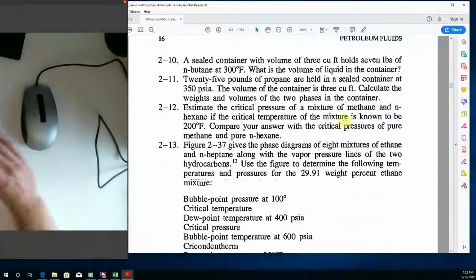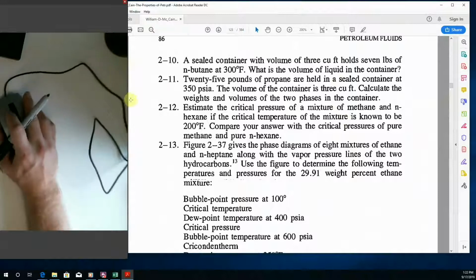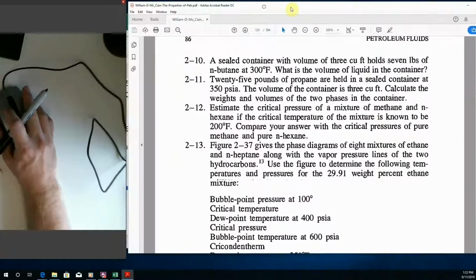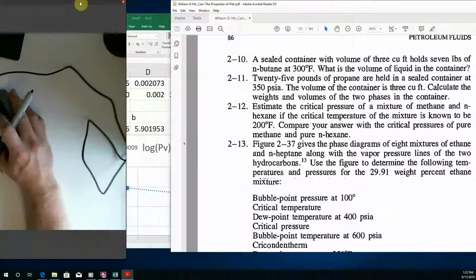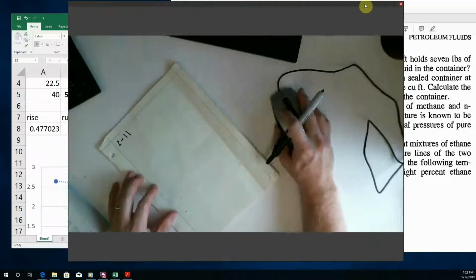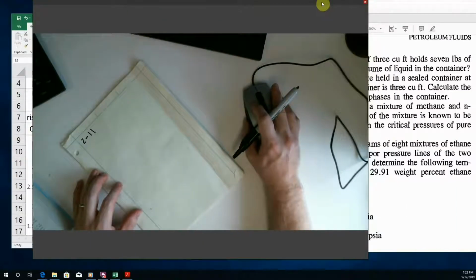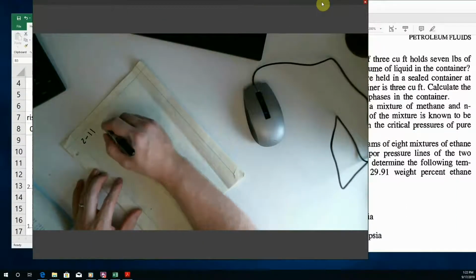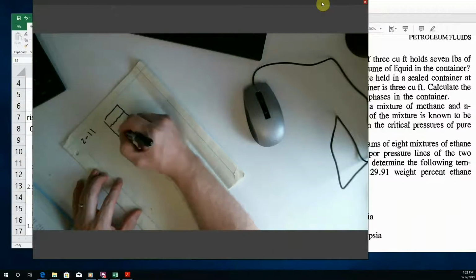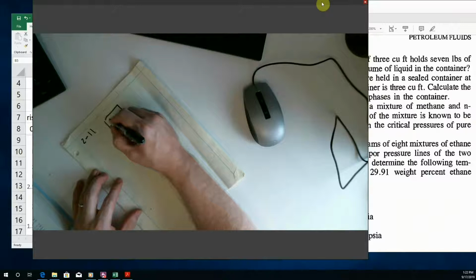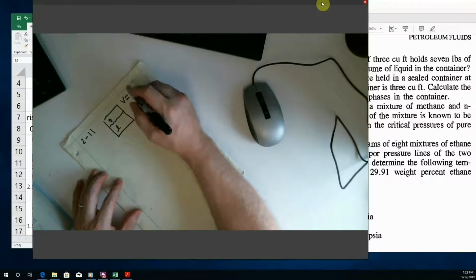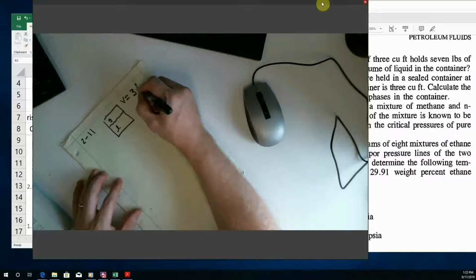2-11. So we've got a sealed container, 25 pounds of propane, 350 psi, and its volume's 3 cubic feet. Weights and volumes are the two phases in the container. So let's make believe for a minute here. We've got some container, you have liquid, you have gas on top like that. The volume of this is 3 cubic feet.